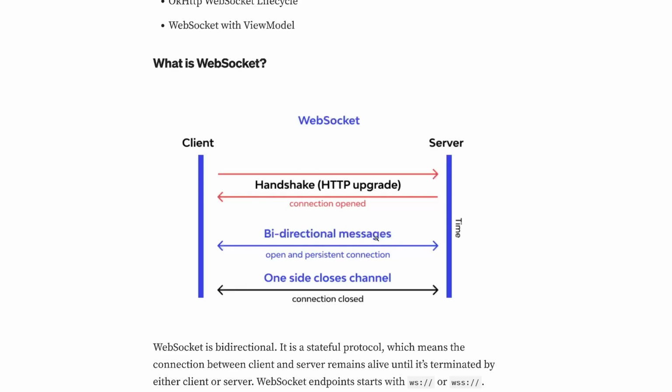That is not the classical I click on a button and then I get a website or something. Until one side closes the channel. And that is a special connection that is called WebSocket, like URL. These are special URLs, and when they are secure, then it is WSS.